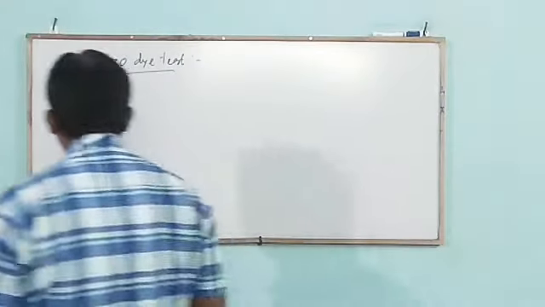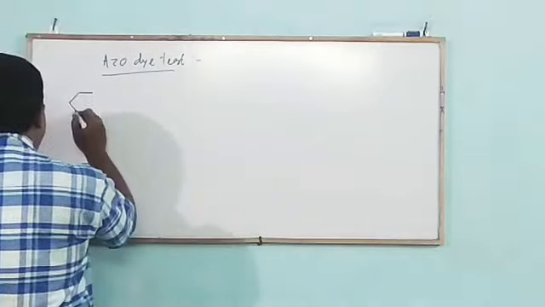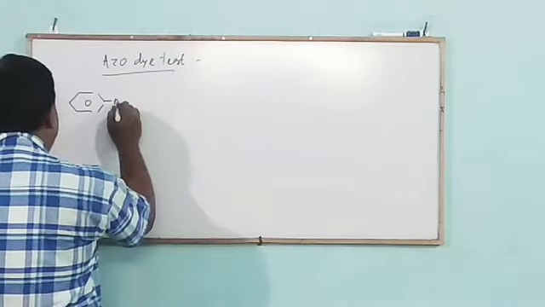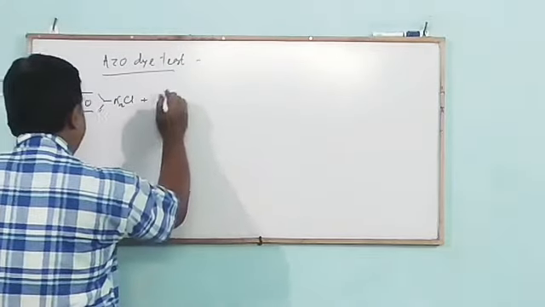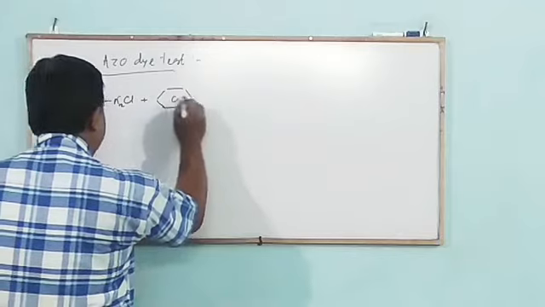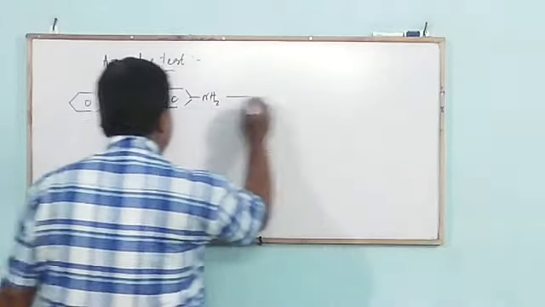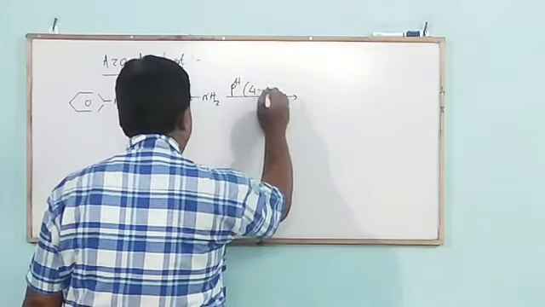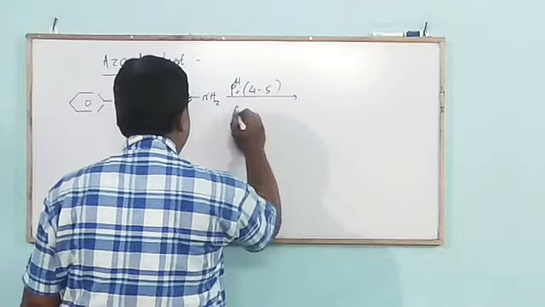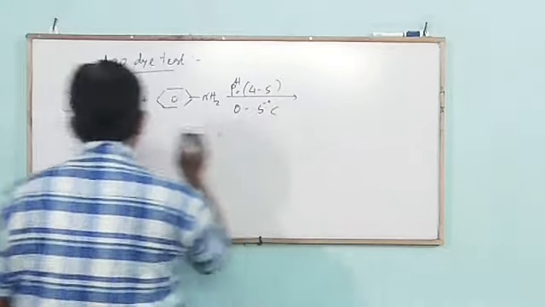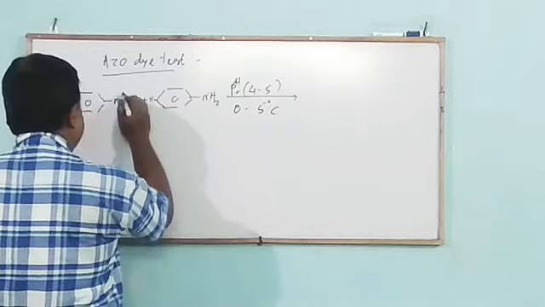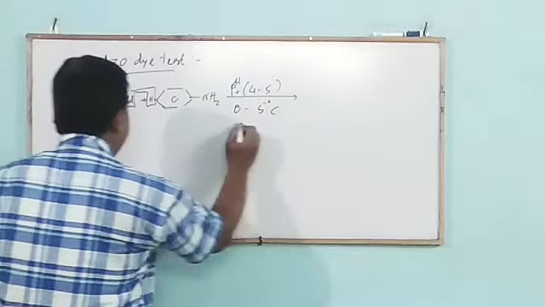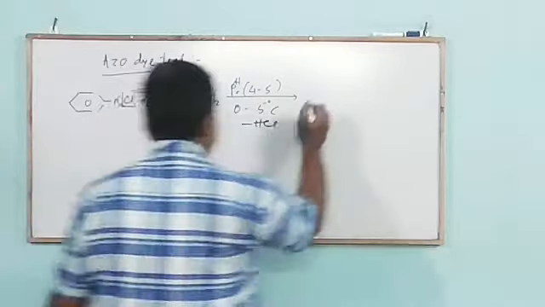Mark the equation. Benzene diazonium chloride treated with aniline at ice cold temperature in acidic medium, pH 4 to 5. Here HCl is the byproduct. What is the product?